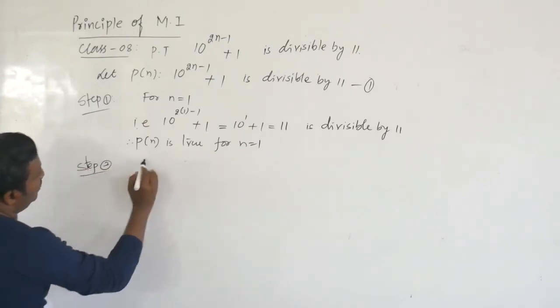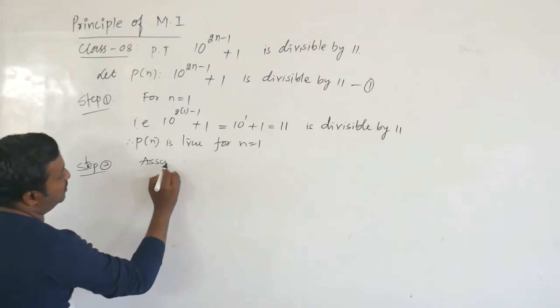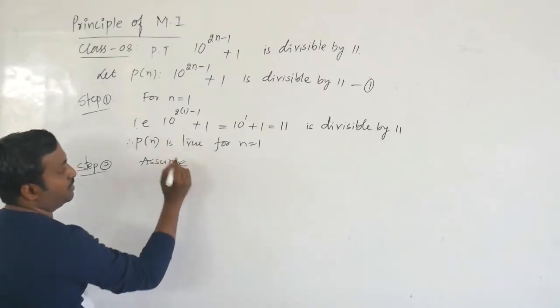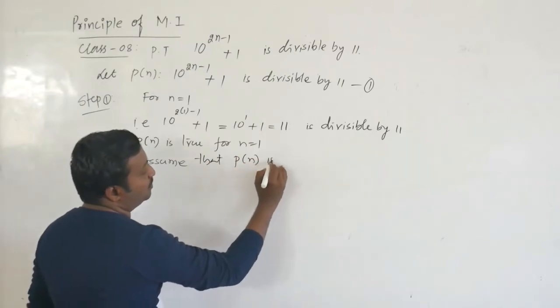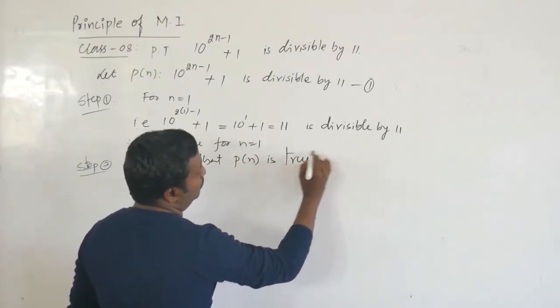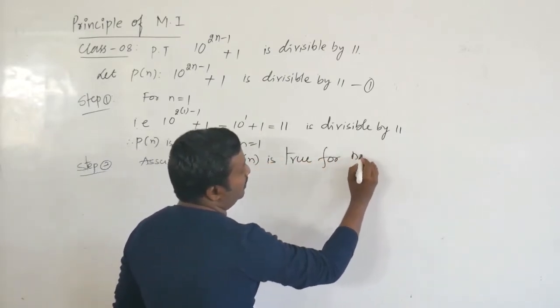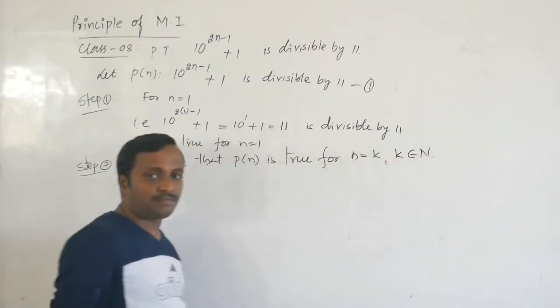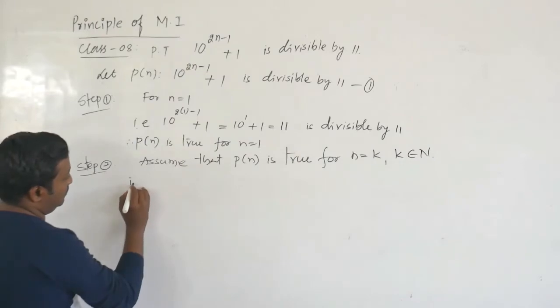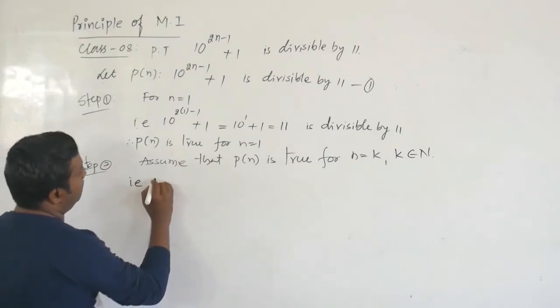Step 2. Assume that, remember, LHS and RHS do not come here. Assume that P of n is true for n equal to k, where k is some natural number. That is P of k.